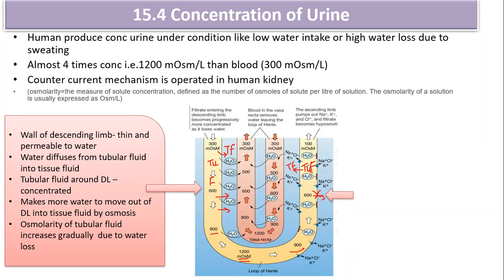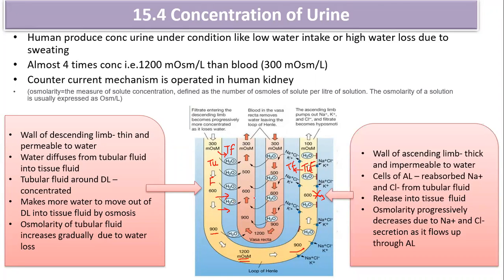Now you can see the concentration becomes 600, then 900. So this makes more water move out of the descending limb into the tissue fluid, and gradually the osmolarity of the tubular fluid increases because of the water loss.